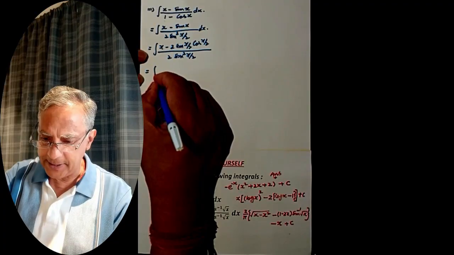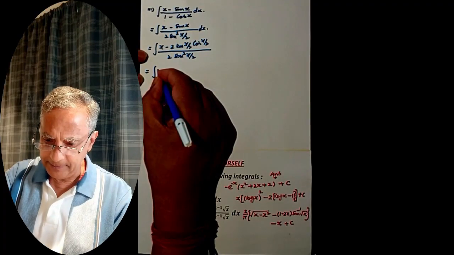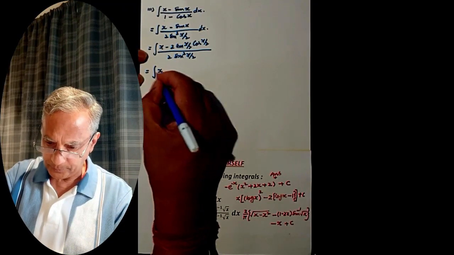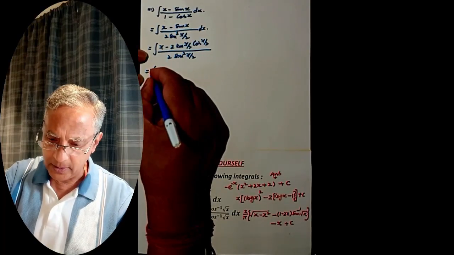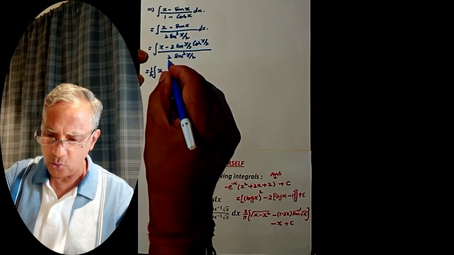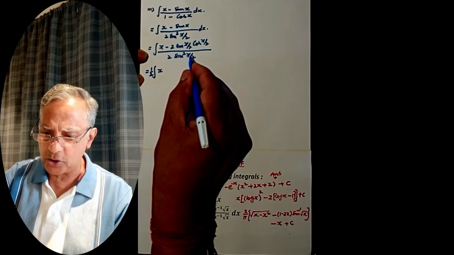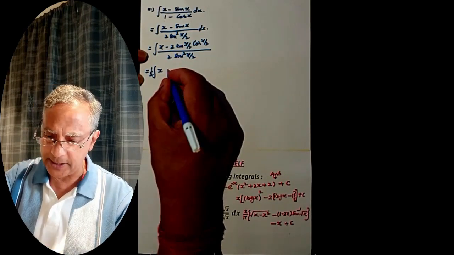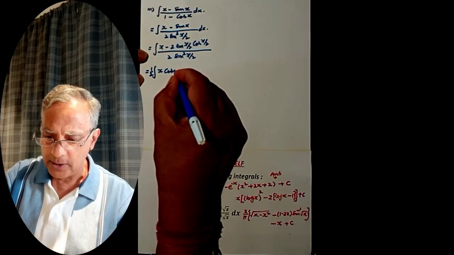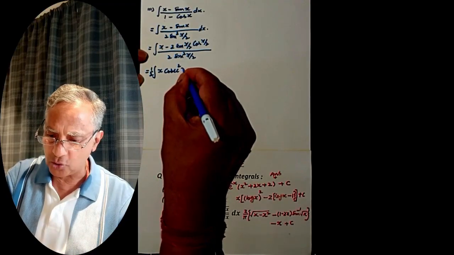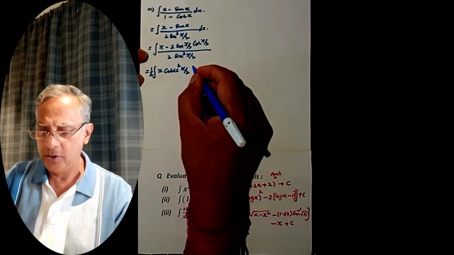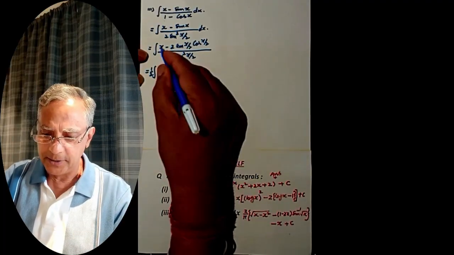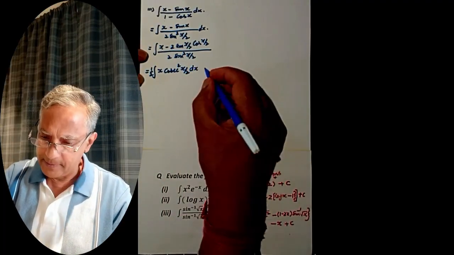So first is integral x, and take this 2 common. This will be 1 by 2, x into 1 over sin square x by 2, which can be written as cosecant square x by 2 dx. This is the first term.